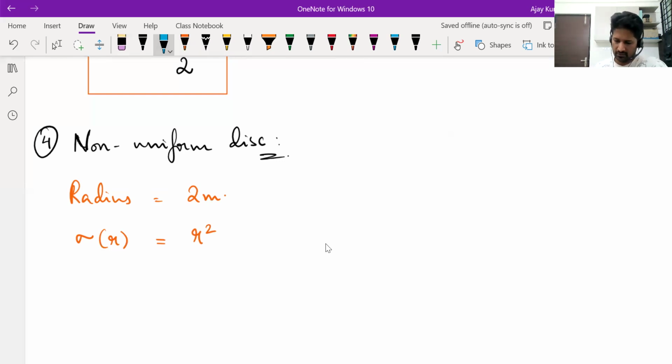So there are two things that you need to find out. Derive the moment of inertia directly about own axis of the disk.